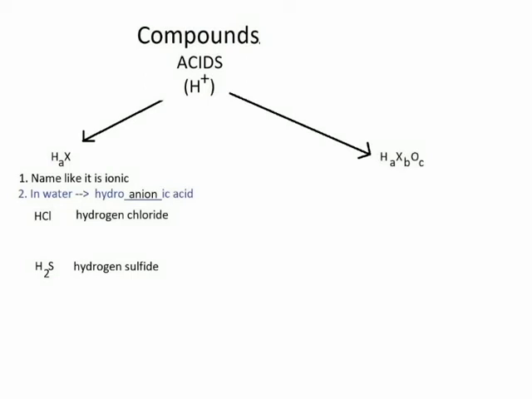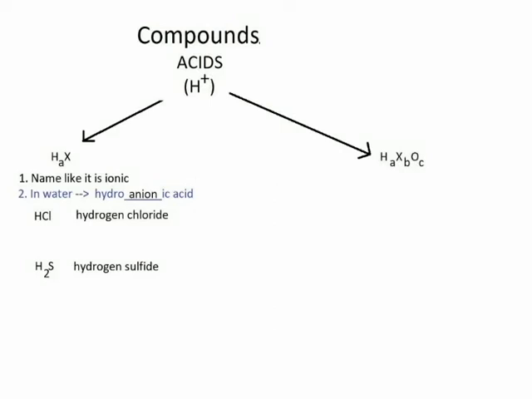If, on the other hand, you have them dissolved in water, then the correct way to name them is to add the prefix hydro. Hydro means water, so you're talking about something in water. You then mention the anion's name, change its ending to ic, and add the word acid.